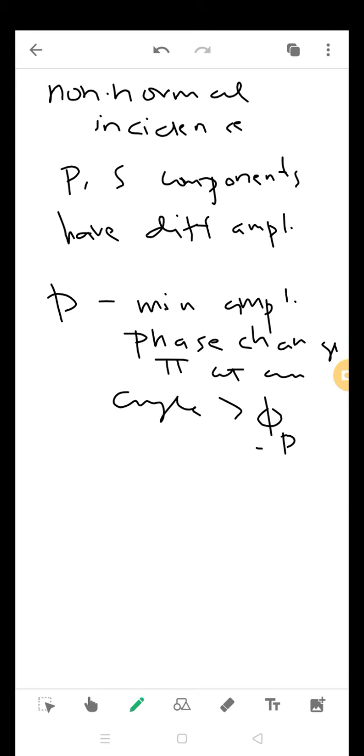So this angle is the limit which actually does not allow this P component to change. Whenever there is a phase change occurring, that means that P is converting into an S, the angle has to cross this polarizing angle. So this is the angle that is given by Brewster's law, as I discussed in the previous case, and is related to the ratio of the refractive index of the two phases.